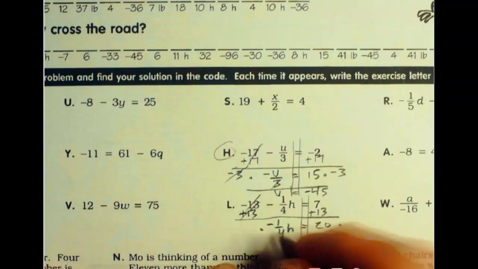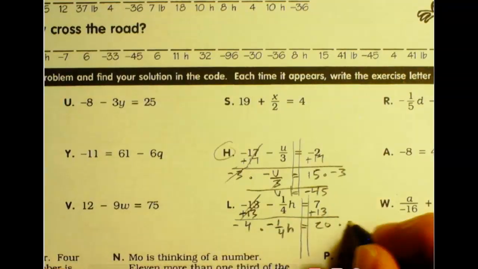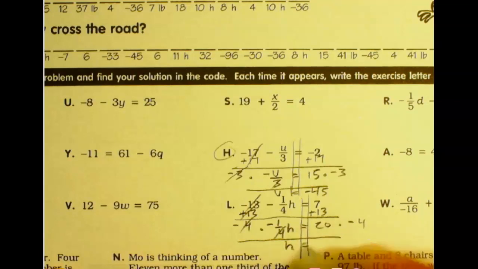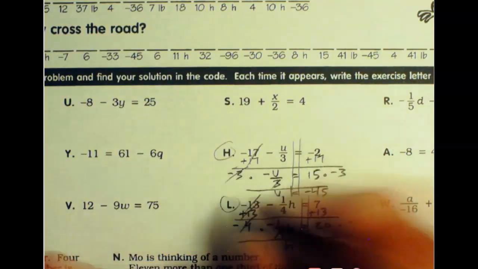We're going to multiply that by a negative 4 to get rid of that. So a negative 4 times a negative 1/4, that's going to give me a positive 1h. And it equals, well, 20 times 4 is 80, and it's a negative 80. So we go on up there and look for your negative 80 and put L's in wherever you want.